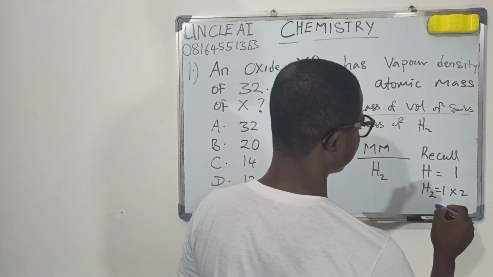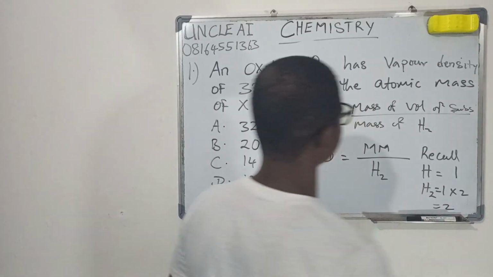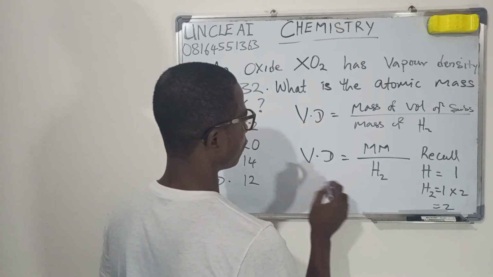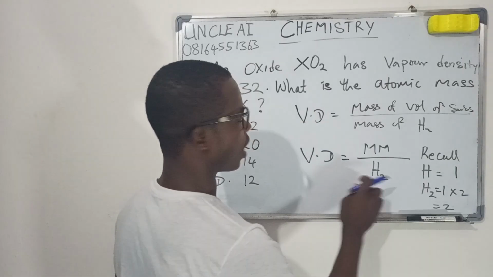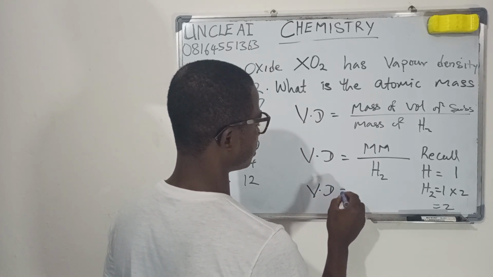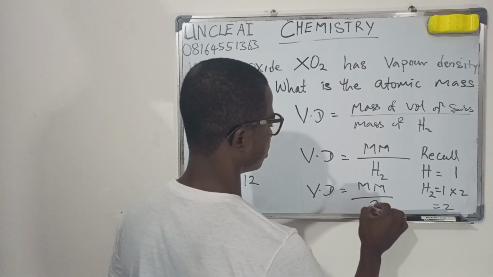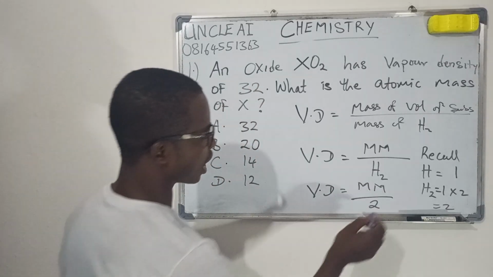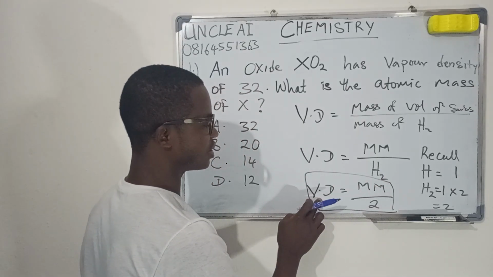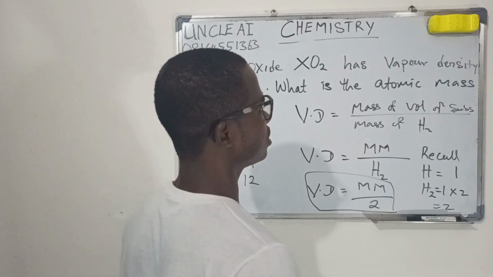So we have that the molecular mass of hydrogen will now be 2. So for that reason, in this our formula, we substitute 2 for hydrogen molecule. Then we have vapor density is defined as the molecular mass of a substance divided by 2. So we can use this relationship between vapor density and molecular mass to answer this question.